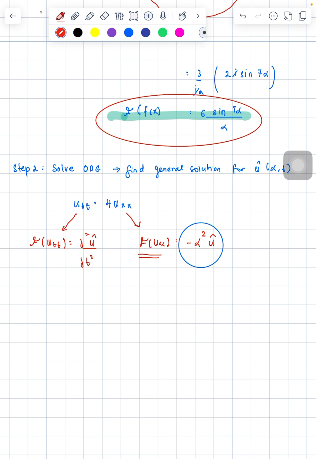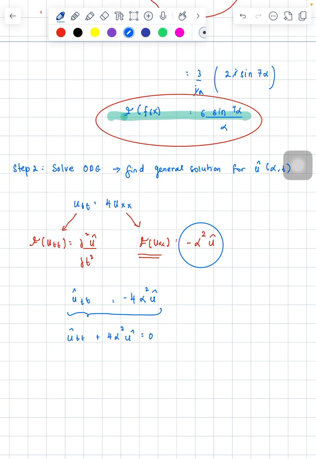So here we have u hat_tt equals negative 4 alpha square u hat. This is the ODE: u hat_tt plus 4 alpha square u hat equals 0.